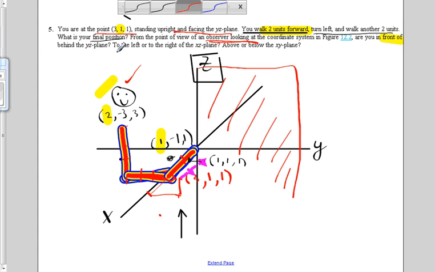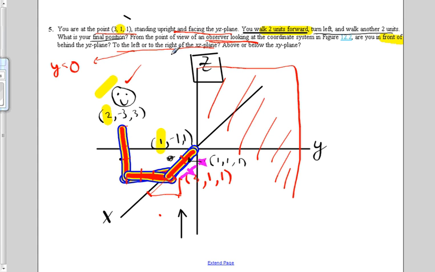What about this question? To the left or to the right of the XZ plane? Well, the XZ plane is, it's kind of hard to see, but it's when Y equals 0. So when we say left, that's saying my Y value is less than 0.